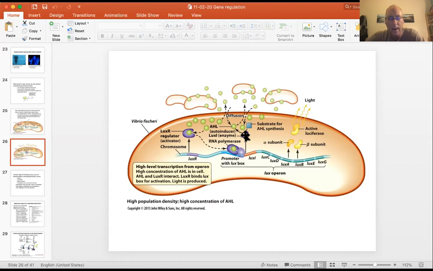So the squid is not bothering to keep these bacteria at very high concentrations all the time. It's essentially booting them out, letting them grow back up again, using them during the night, booting them out again the next day, etc. When the bacteria get booted out of the light organ, they're out there in the great big ocean. The concentration of the bacteria has dropped dramatically, and so the AHL concentration drops dramatically, and they turn this back off when they're in the free living state. So it's only on when they're in that symbiotic relationship.